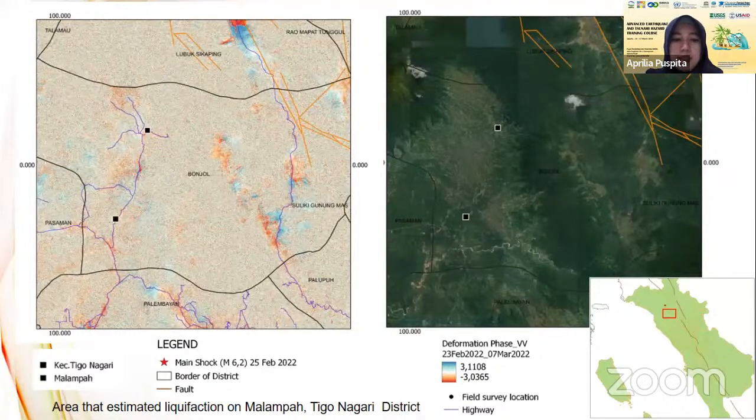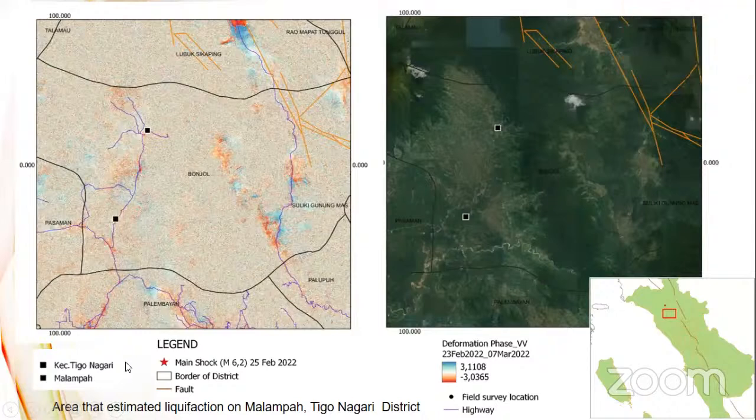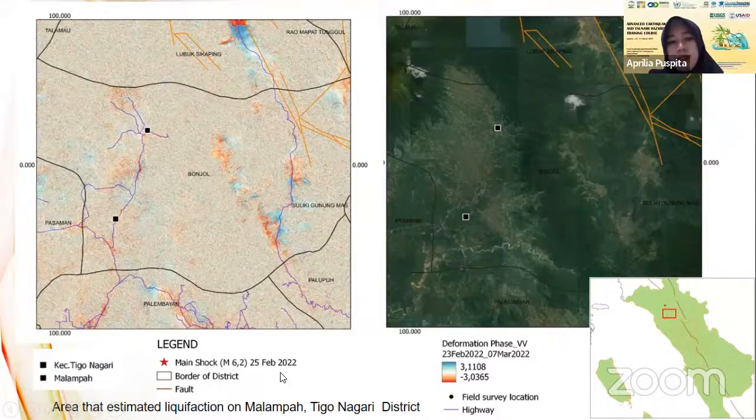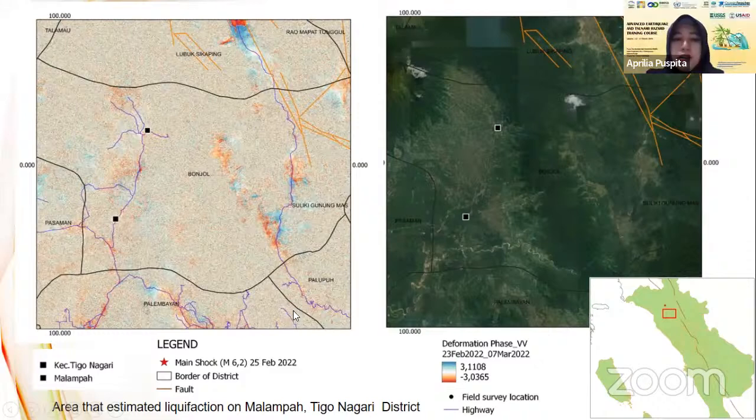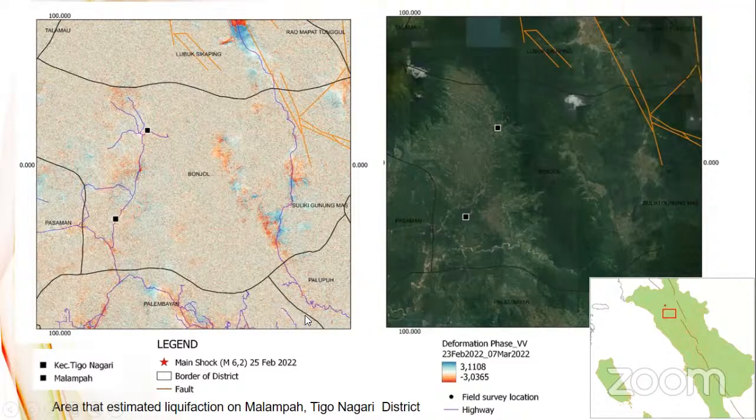And next is the area of interest in the Malampah, Ortigonegari district. The first estimate was liquefaction, but it was reconfirmed by the ESDM that it's not liquefaction, but a flash flood that brought material from the landslide here, which we can identify properly with DInSAR.